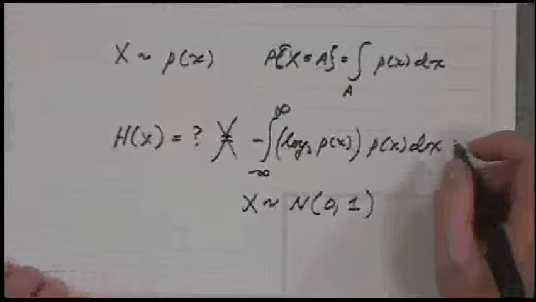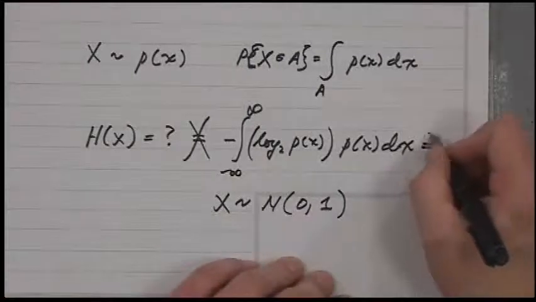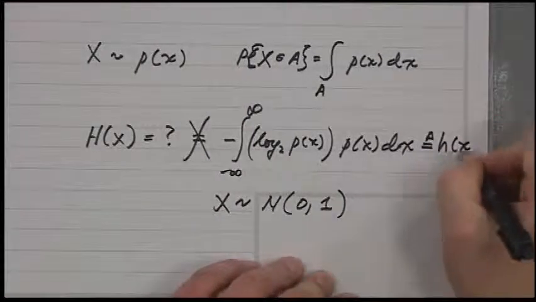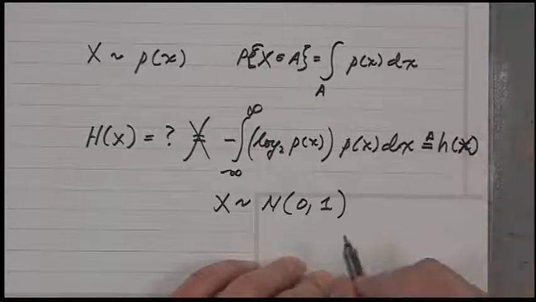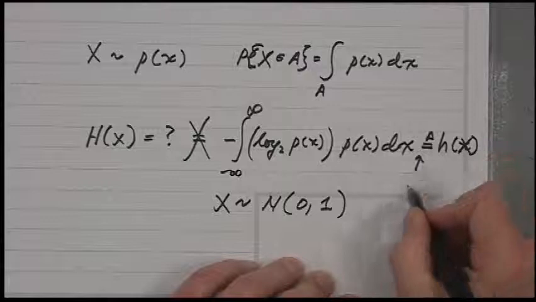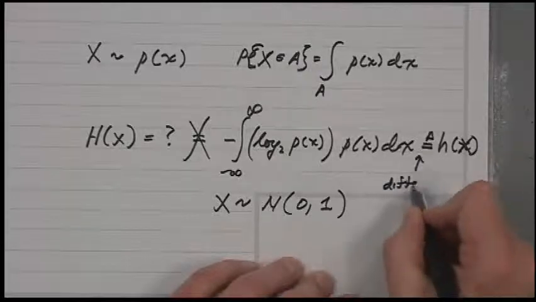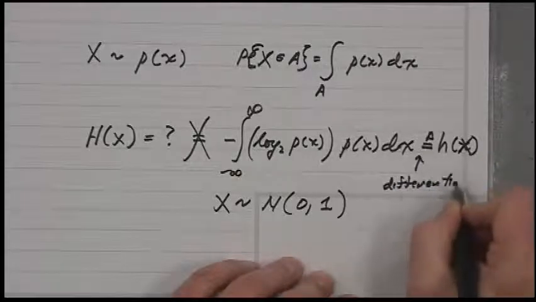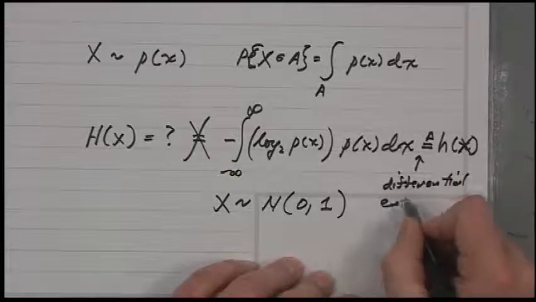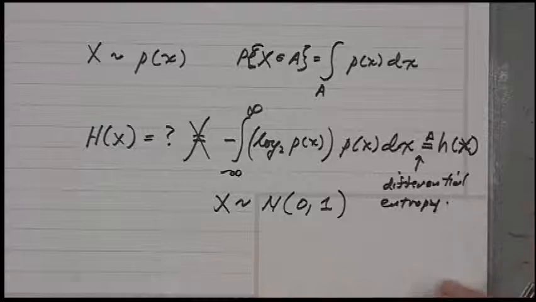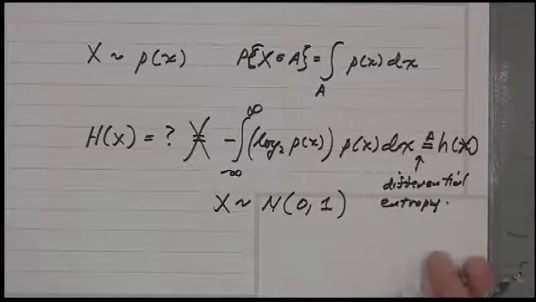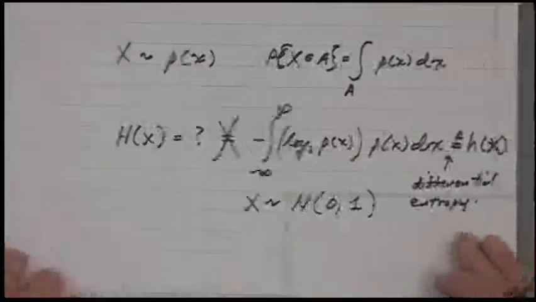This is defined as this little h of X, uppercase X. All right, so this is called differential entropy. The differential entropy is defined like this, and it's interesting, but it doesn't have the same meaning as the entropy.